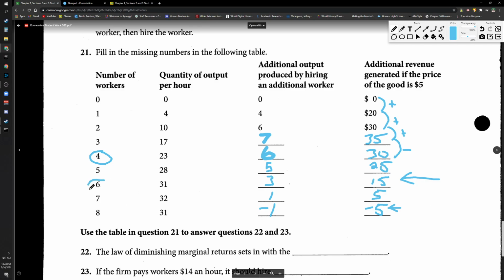So that means that you should hire 6. You could hire 6 people, 6 workers. Okay, it's 6 workers. They're making 31 per hour. So this is only 3 more than they were making, but they're still generating slightly more, $1 more than it's costing. Okay, so that's how we answer that.